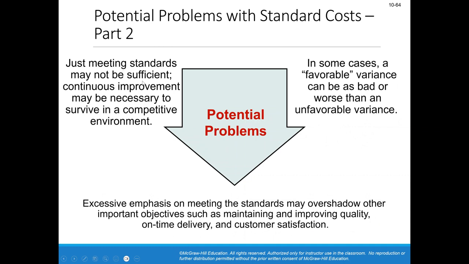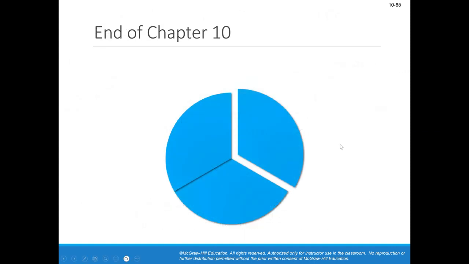Just meeting the standards may not be sufficient. Continuous improvement may be necessary. In some cases, a favorable variance can be as bad as or worse than an unfavorable variance. Excessive emphasis on meeting the standards may overshadow other important things such as maintaining or improving quality, on-time delivery, and customer satisfaction.